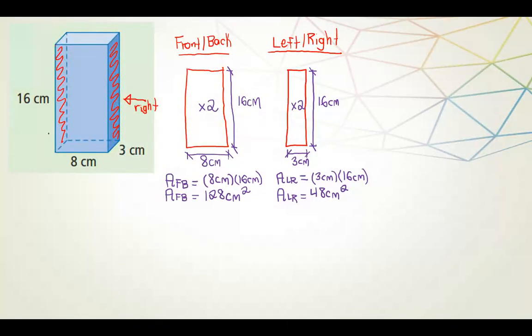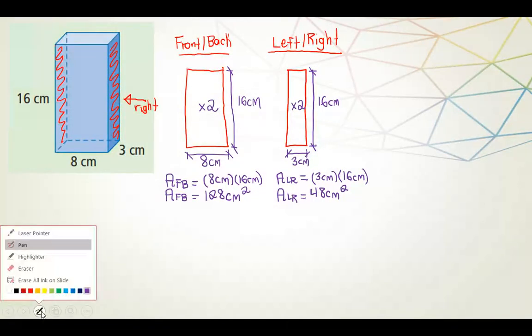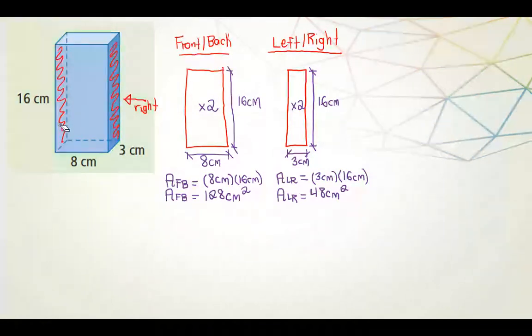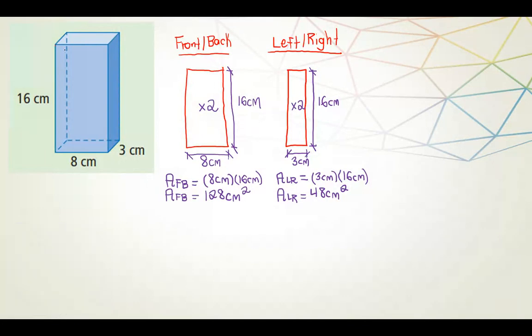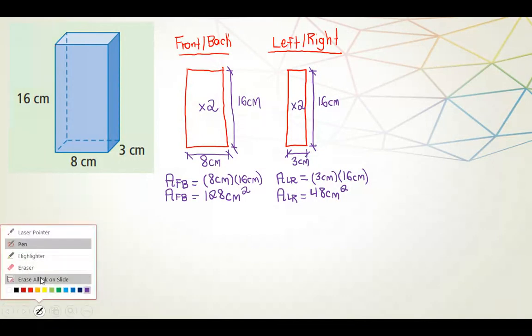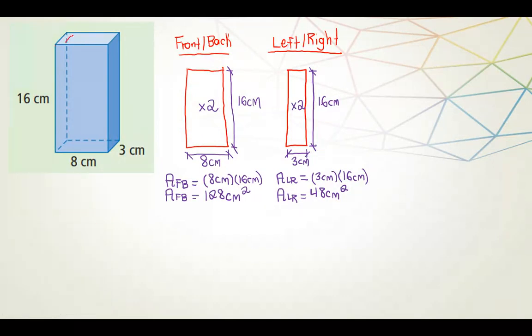Okay, we have one more distinct face to look at, or two faces. Two faces that just have the exact same area, and that's going to be the top and the bottom. Let's do red here. Okay, so here's my top face. Here's my bottom face. Okay, this one's the top.